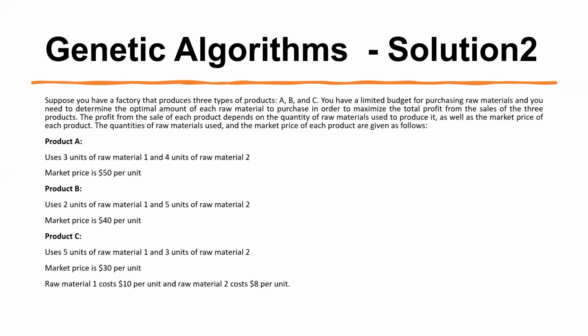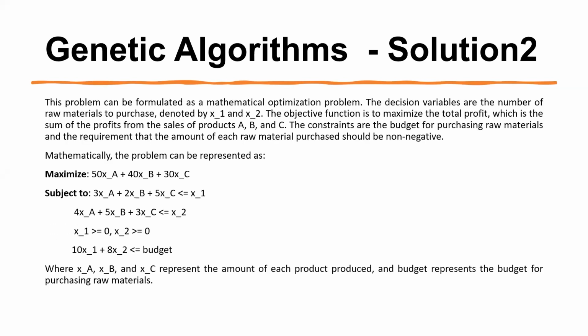When you get a problem like this, a very critical step is how precisely you will write the objective function. For the given solution, I have formulated the objective function as maximize the variable 1 into 50x, depending on its price and so on.